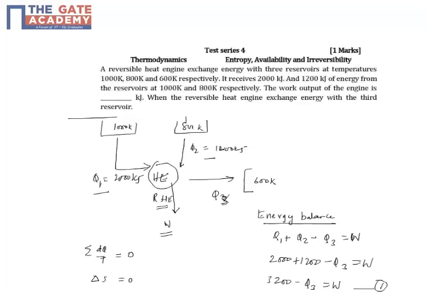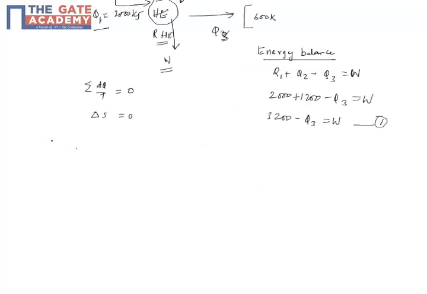So the entropy increase from heat addition is Q1 by T1 from the first side, Q2 by T2 from the second side, and then it is rejecting heat Q3, so Q3 by T3. These heat transfers involve the exchange of entropy, and the sum of the entropy exchange has to be 0 for a reversible heat engine.